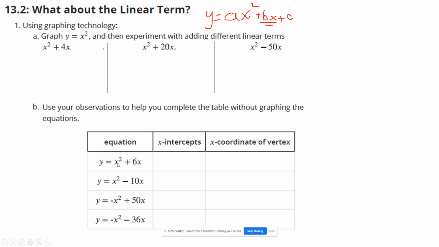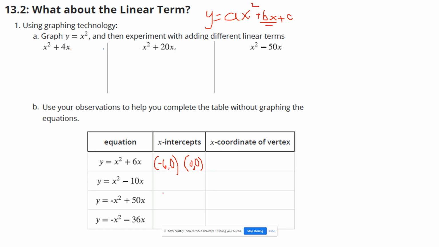Okay, cool. So now that you got a chance to answer this one, let me go ahead and go over it with you. So we learned that this equation will give us -6, comma 0 and 0, comma 0. Okay, and same thing for the second one. We'll talk about the x-coordinate of the vertex in a bit.